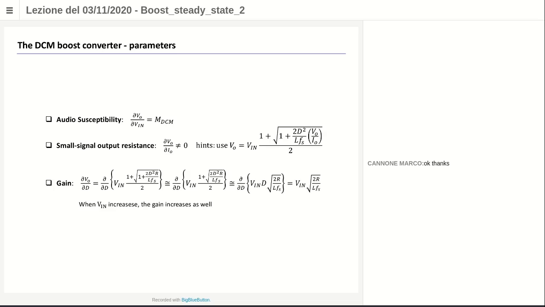The current ripple is larger in DCM than you would have in CCM with the same average output current and the same input voltage. So if you are using a converter operating in DCM for a certain level of output current, you get higher electrical stress.